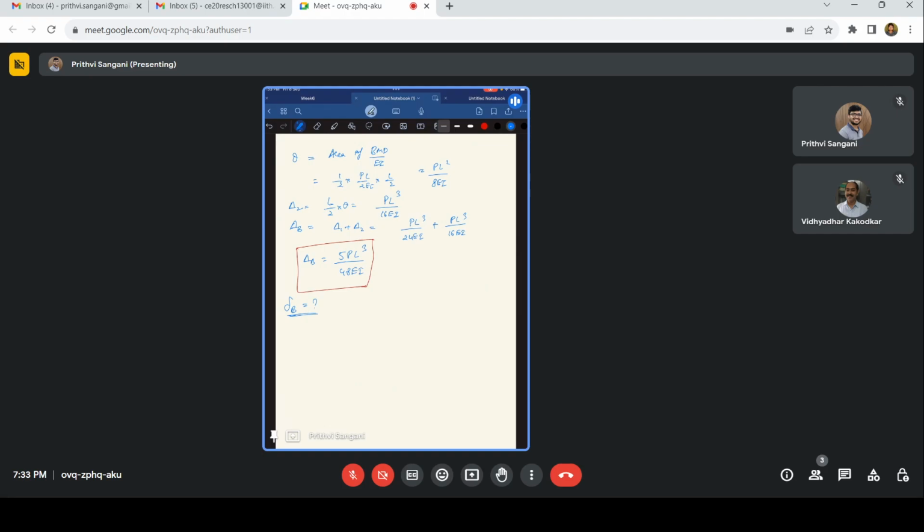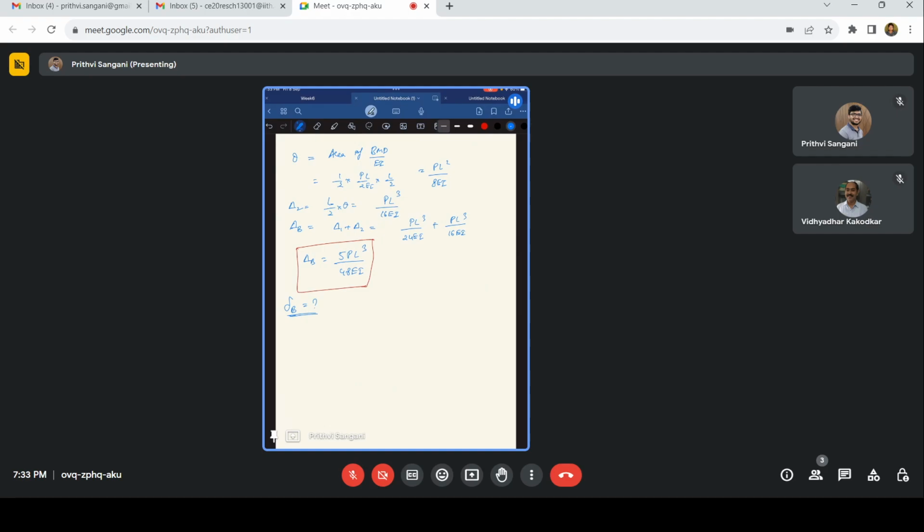What about the moment? So sigma MA equal to 0. That implies 5P by 16 times L minus P times L by 2. Yeah, this you can find out. So this is 5PL by 16 minus PL by 2.